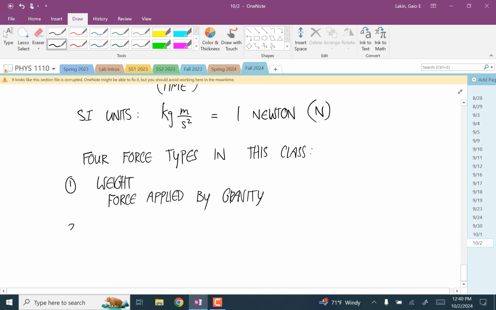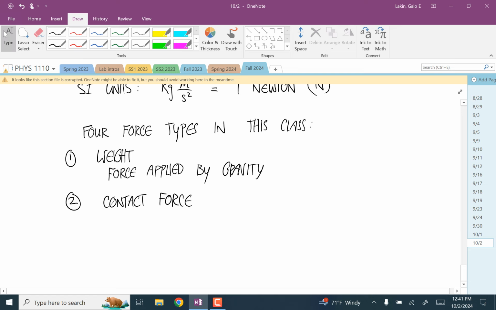And then there's a second category that has 3 individual types. This category is called contact forces. So gravity applies force to things without touching them. These contact forces have to be touching the body to apply a force.